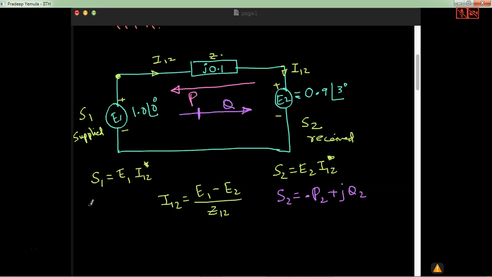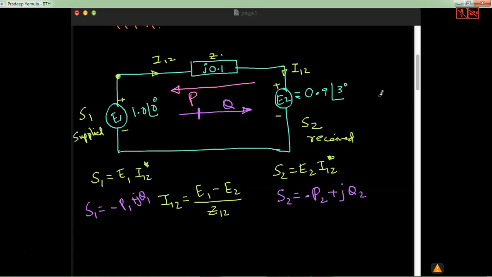Similarly, S1 is supplied, but it is receiving the power, so it will be minus P1 plus jQ1, because it is supplying Q. Since there is no power loss here, P2 will be equal to P1, whereas Q1 and Q2 will have a difference. There are some losses in the line.